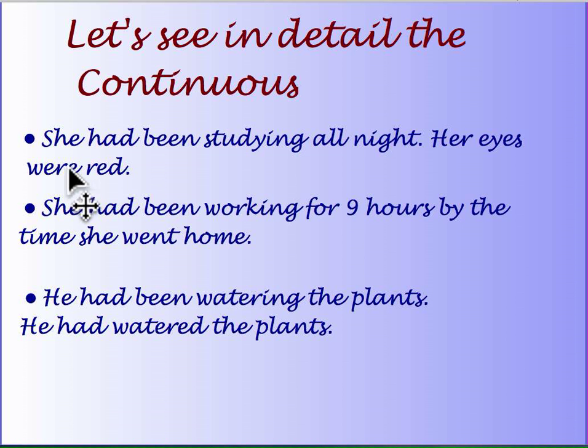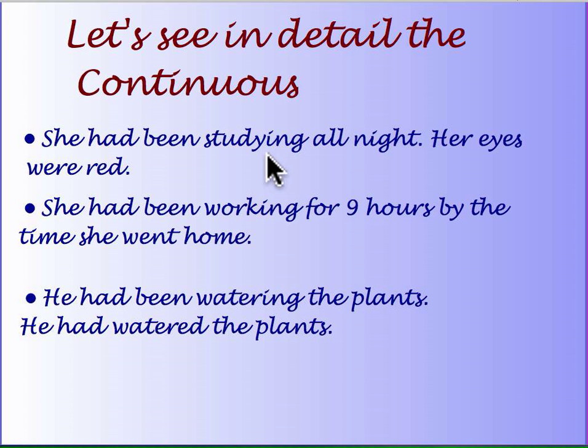The moment I see her, when I saw her, her eyes were red. Why? Because recently she had been studying. That idea, remember, of repeatedly, constantly, we want to emphasize the length of the action. Remember that? That's why she had been studying.